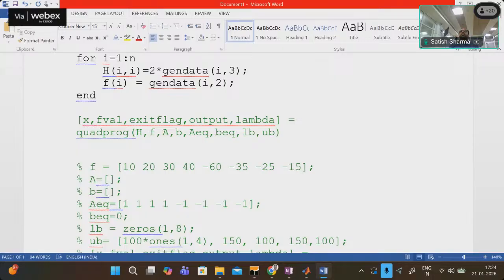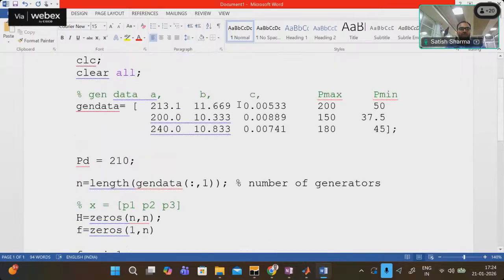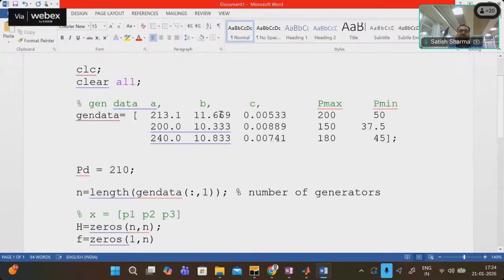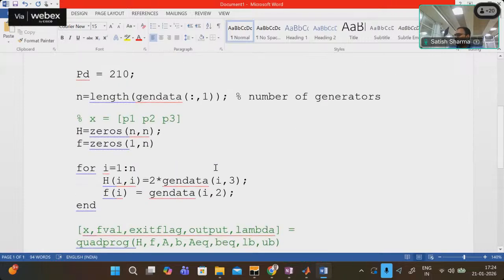So we had defined a plus bp plus cp square. So the c term will go into H. Like this, c term is at the third column, so this will be multiplied with 2. I will explain that later on. So it's 2 multiplied gen data. Then in f, the b part will go as linear coefficients, and constants need not be included basically, because they do not affect the objective function.